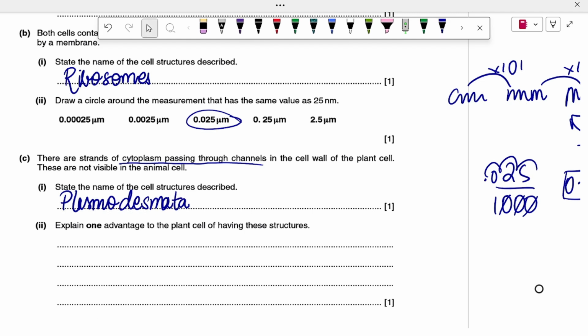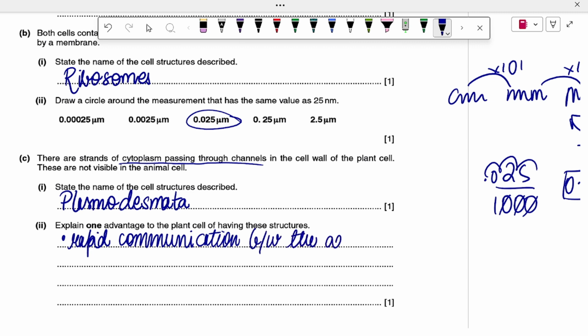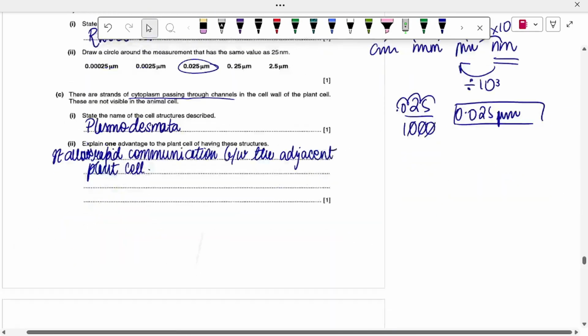So my favorite one is the rapid communication between the adjacent plant cell. वही लिख दो. Rapid एक ही पूछा है. Communication between the adjacent plant cell. Properly लिखना sentence, it allows rapid communication between the adjacent plant cell.